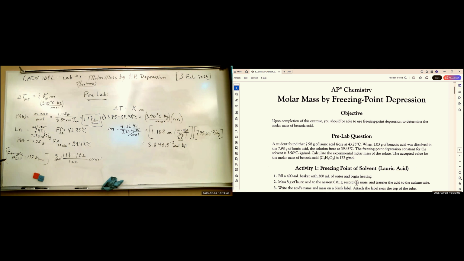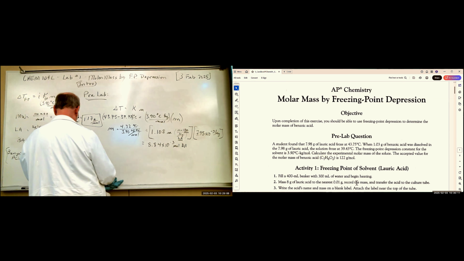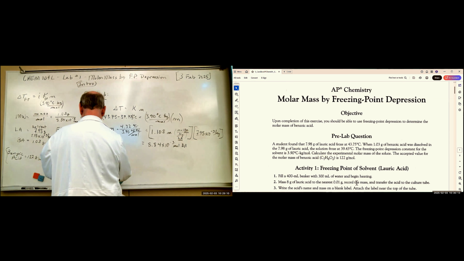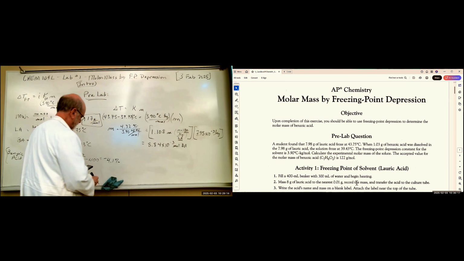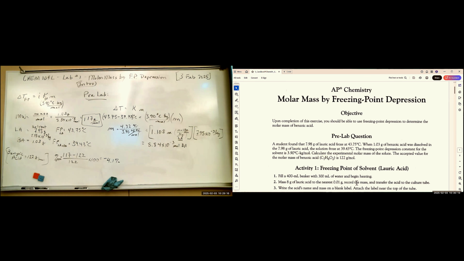I get minus 4.1%. That's okay, less than 5% is acceptable. Everybody follow me? Because this is exactly the same calculation you're going to be doing, only you're going to get the data.